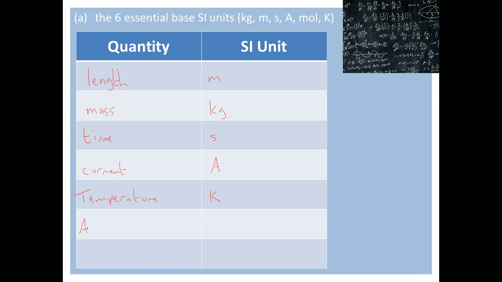We also have something you will probably be familiar with from chemistry: amount of substance, which is measured in moles or mole. And the last one, which isn't on the course but does complete the set, is luminosity or luminous intensity. And that is measured in candela.